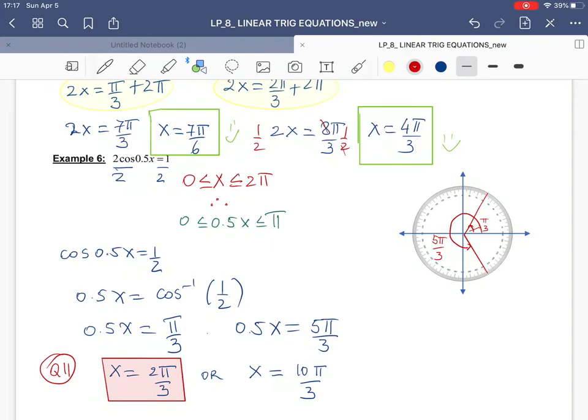And 10 pi over 3 would be actually greater than 2 pi. And you can look at it right here, actually, as a matter of fact, 5 pi over 3, right? It's more than a pi.